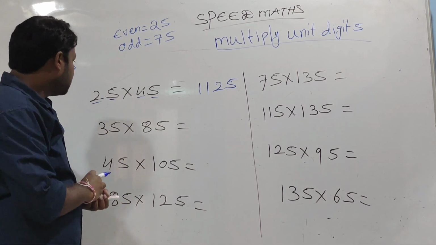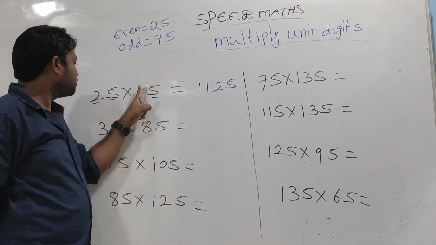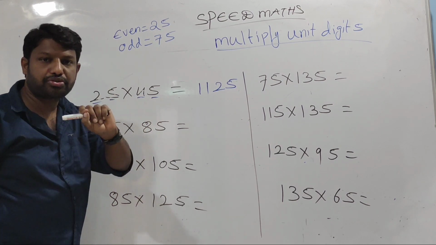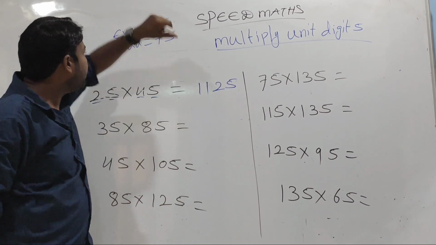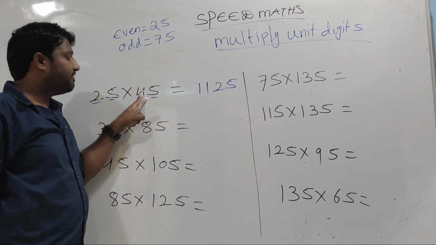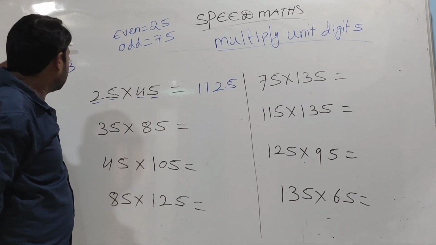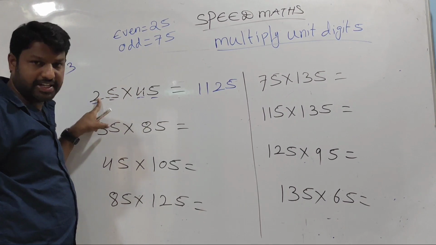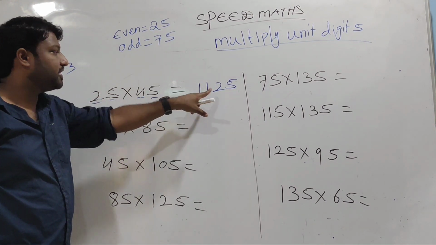So I started from here: both have 5, so I check these two numbers, 4 and 2. 4 plus 2 is 6, an even number, so I write 25 here. Then half of 6 is 3, 4 twos are 8, and 8 plus 3 is 11, so write 11 here.